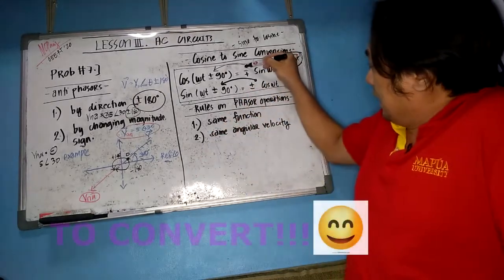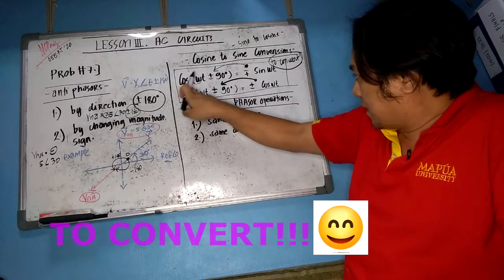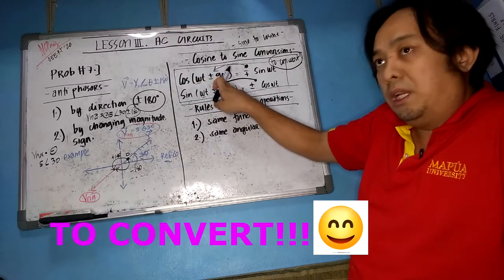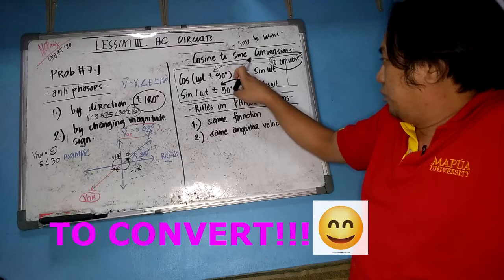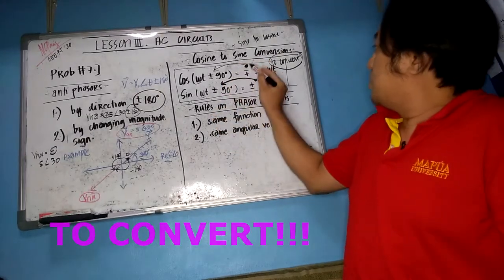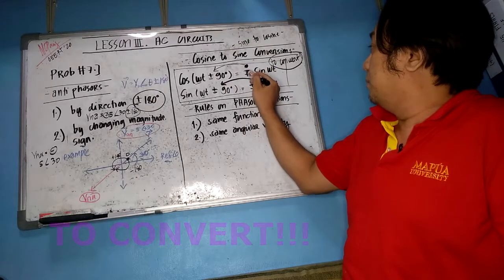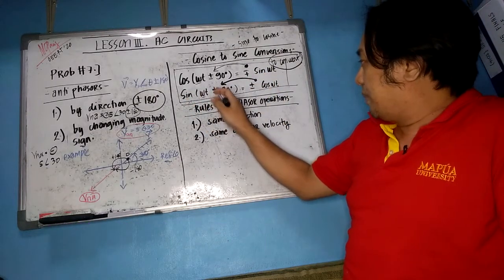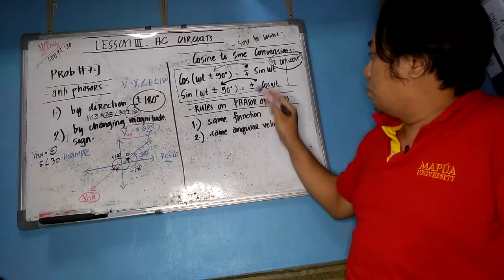It means you have here cosine omega t plus minus 90 degree equals minus plus sine omega t. Please take note, it means minus or positive. And then sine omega t plus minus 90 degree equals plus minus cosine omega t.